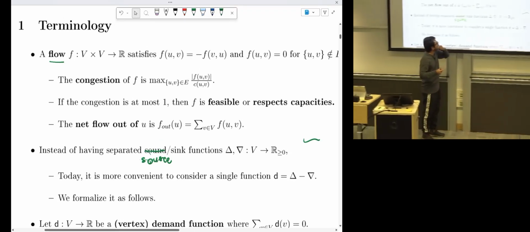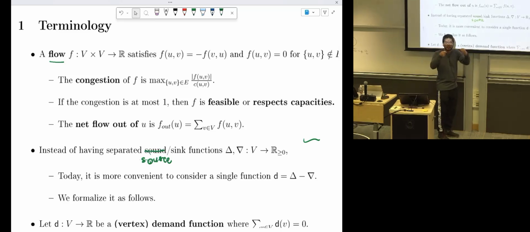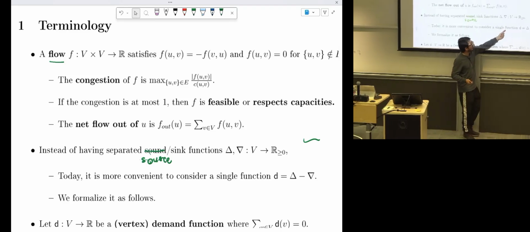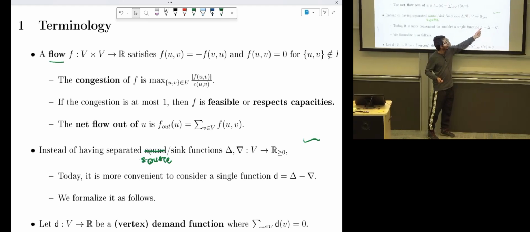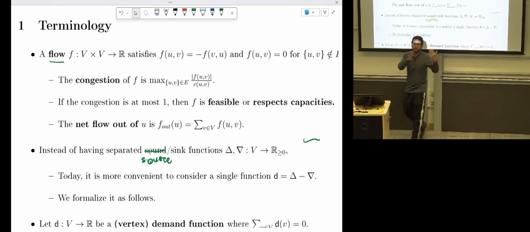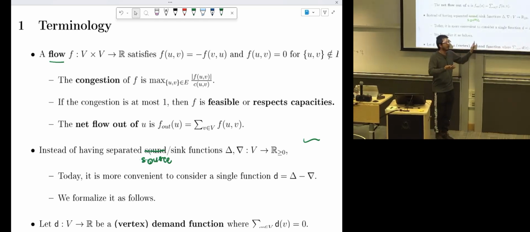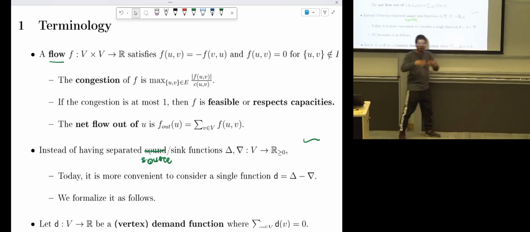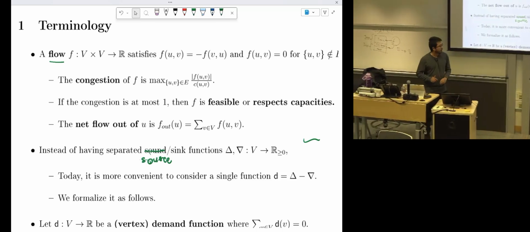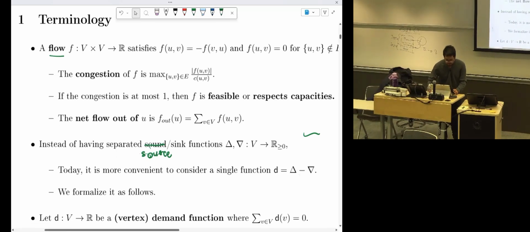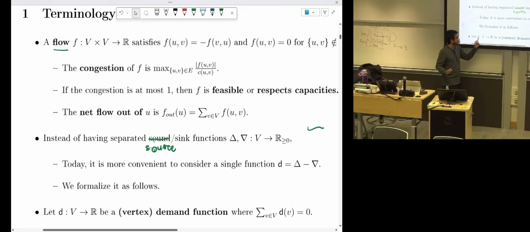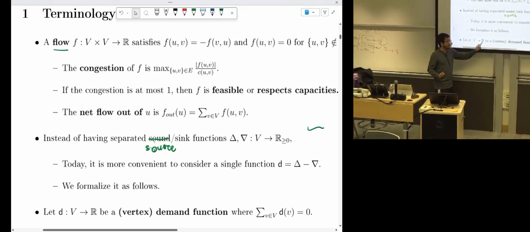What I'm gonna do is just combine it into one function. It's more convenient today to just consider a single function, and it's just source minus sink. The source part contributes positively to this function, the sink part contributes negatively to this function.